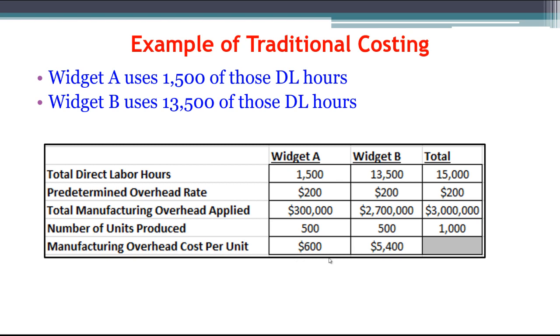Widget A is $600, widget B is $5,400. That's in addition to the labor and the materials for that product. So right here, widget B looks like it costs considerably more than widget A.